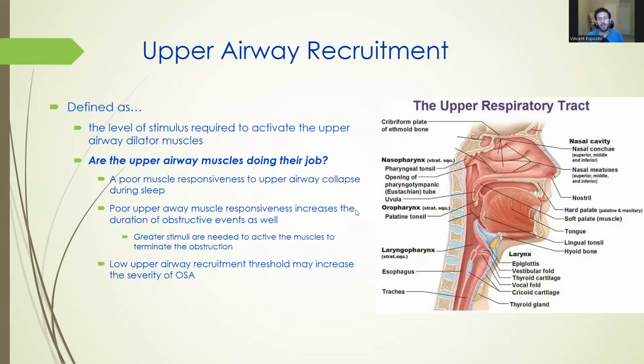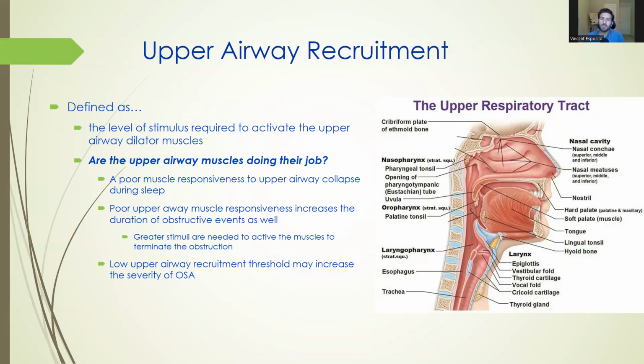Then we get to upper airway recruitment. Upper airway recruitment is defined as the level of stimulus required to activate the upper airway dilator muscles. So again, the job of the upper airway muscles is really to keep the airway open against that negative pressure, against that suction pressure.